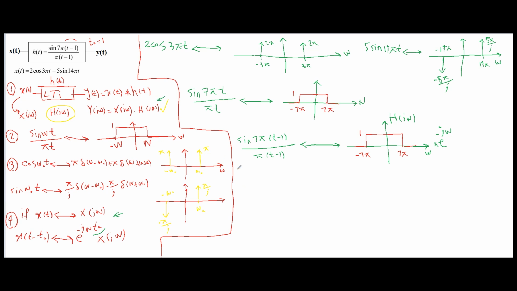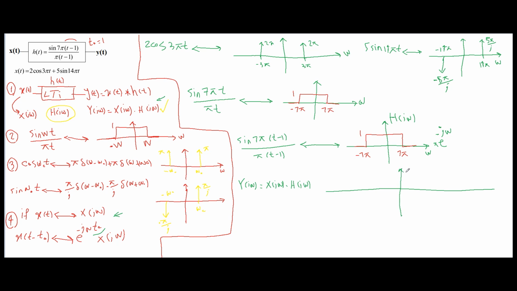According to the first point, Y of j omega is equal to X of j omega multiplied by H of j omega.